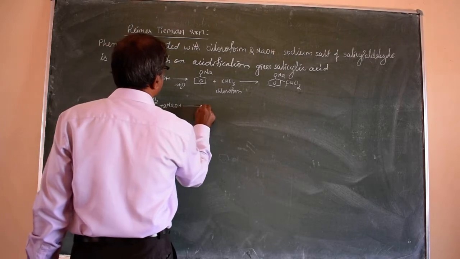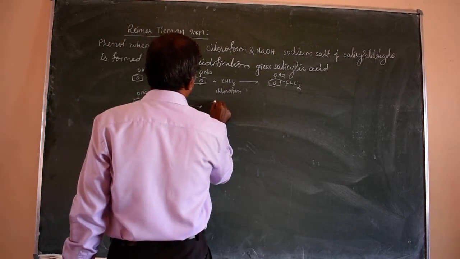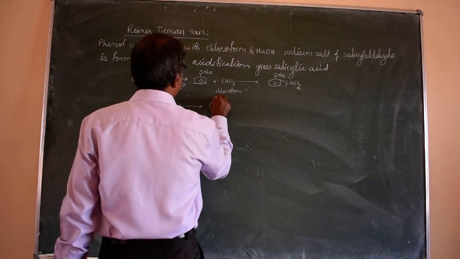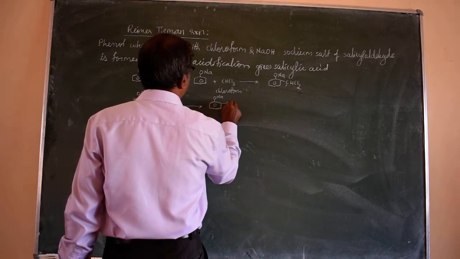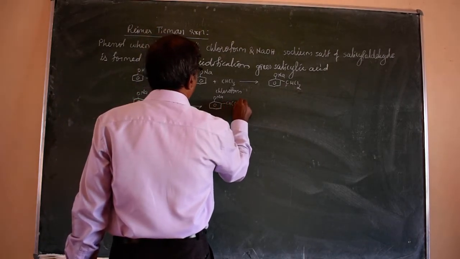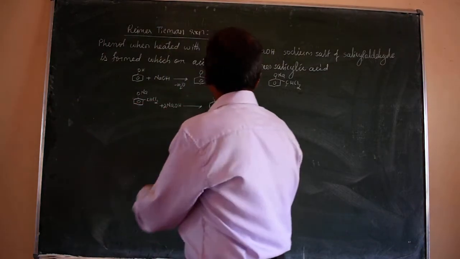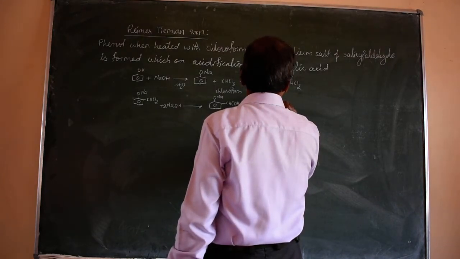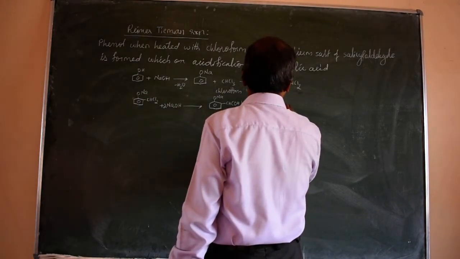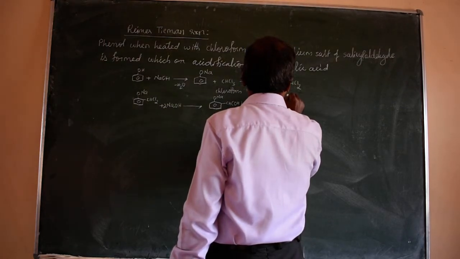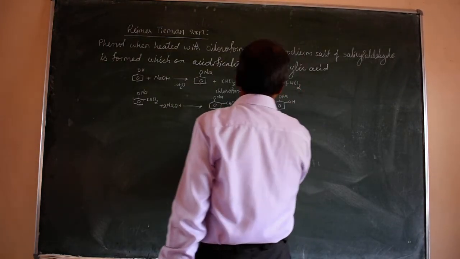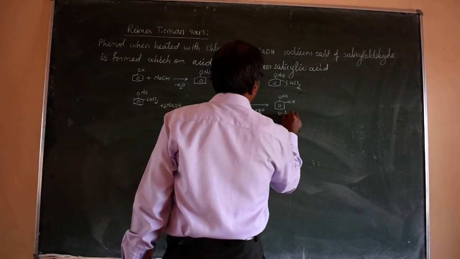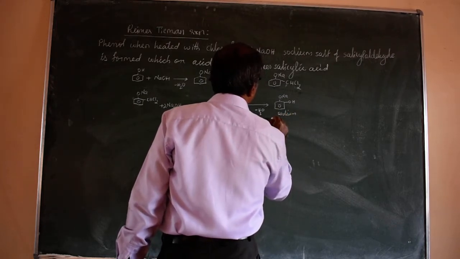The product is a dihydroxy compound, which is unstable because we have two bulky OH groups on the same carbon atom, so it becomes unstable. It undergoes dissociation, that is, it splits, with elimination of H2O from the two OH groups, and you get sodium salicylaldehyde.